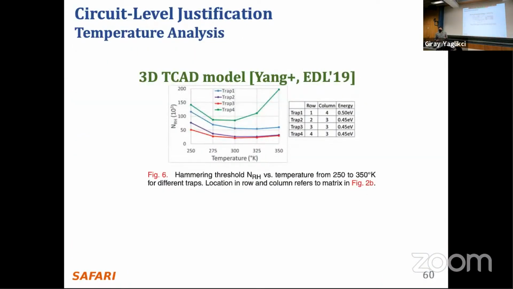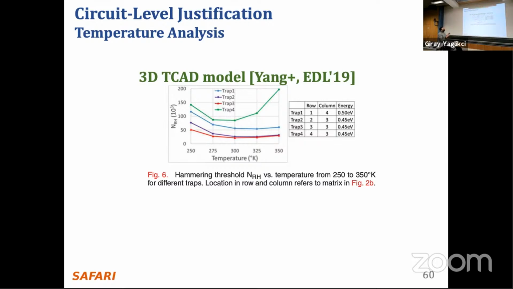So there is actually an earlier work that is based on some 3D TCAD model. It's a purely simulation-based study. They investigate the circuit level phenomena that cause RowHammer bit flips, and here they have four different charge trap models, right? They sweep some parameters.